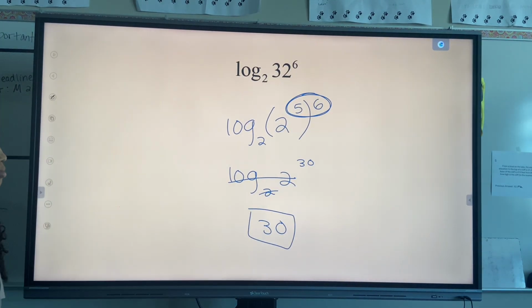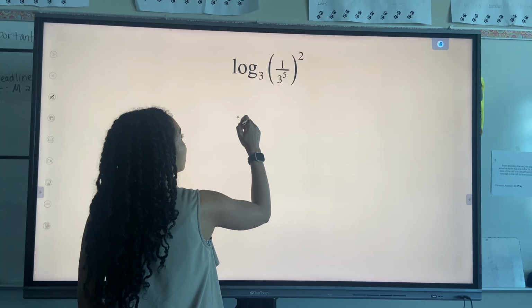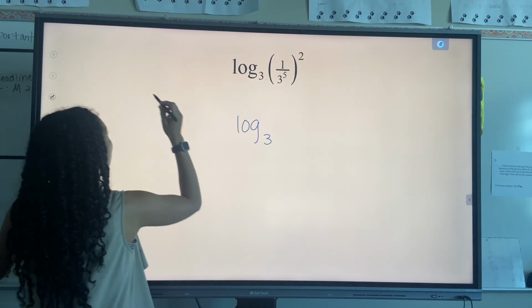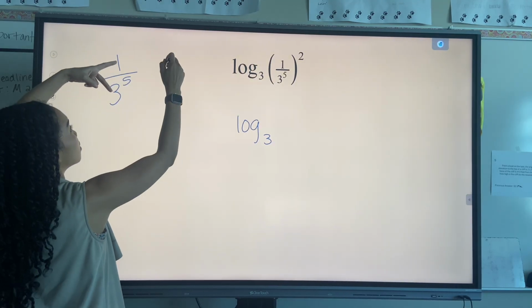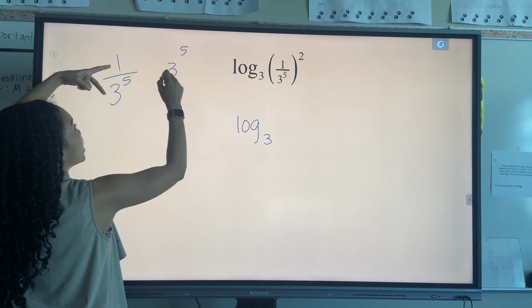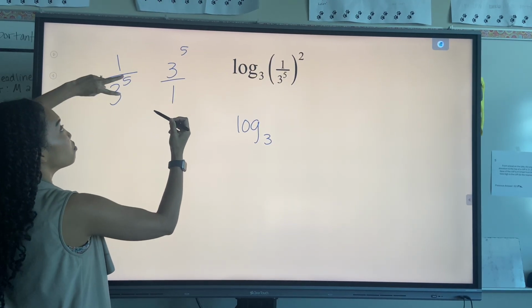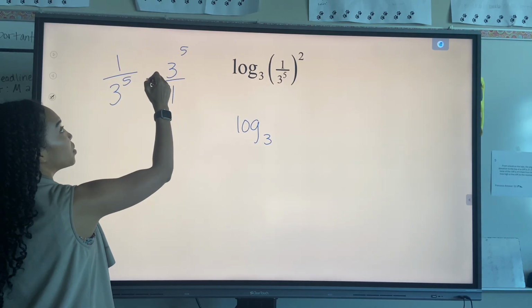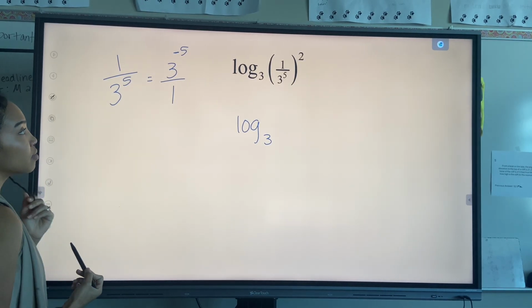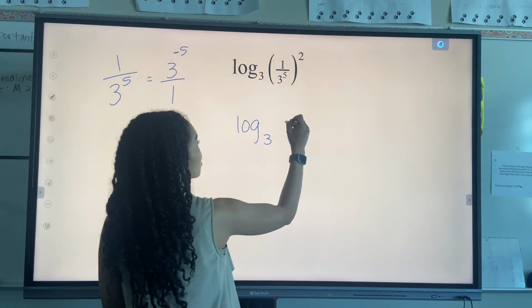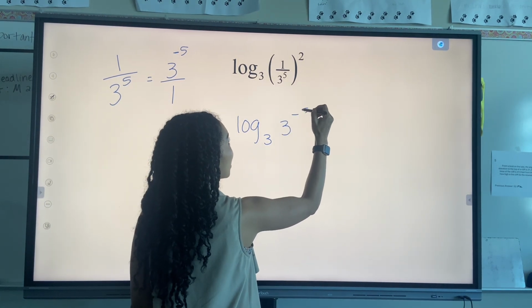Let's go. Whenever you have 1 over 3 to the 5th, you can flip it, bringing it to the numerator. And whenever you flip it, what happens to the exponent? It's now negative. Exactly. So I can write this as 3 to the negative 5.